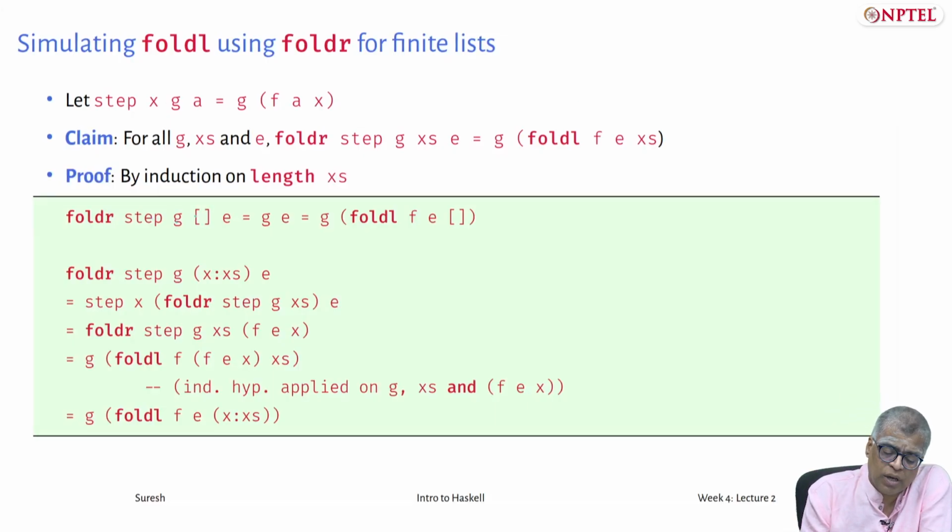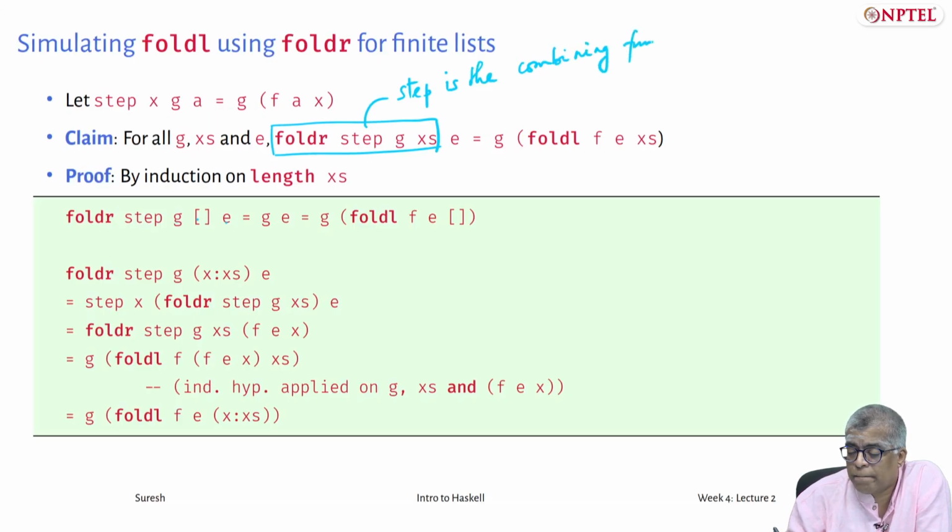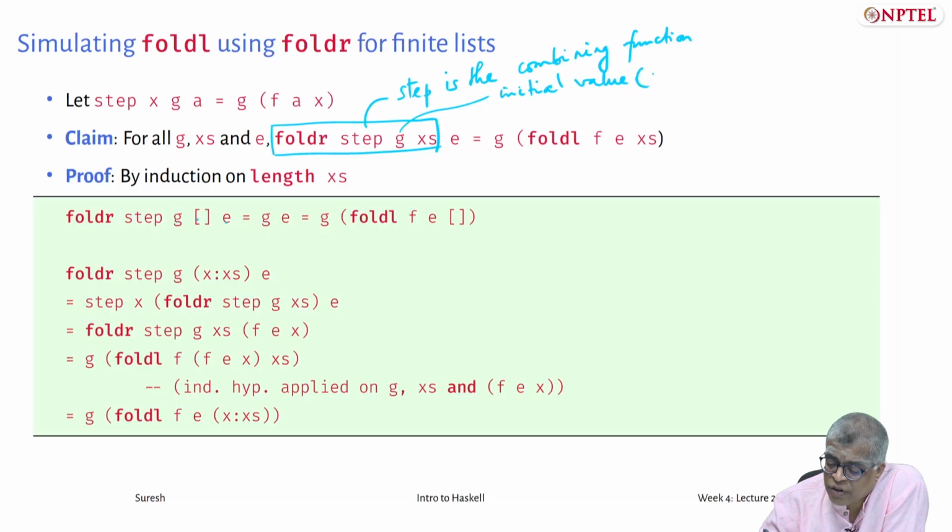Foldr step g of the empty list e, remember the foldr definition, should just give me g. So, the point is in this foldr, step is the combining function and g is the initial value, and the initial value itself is a function.